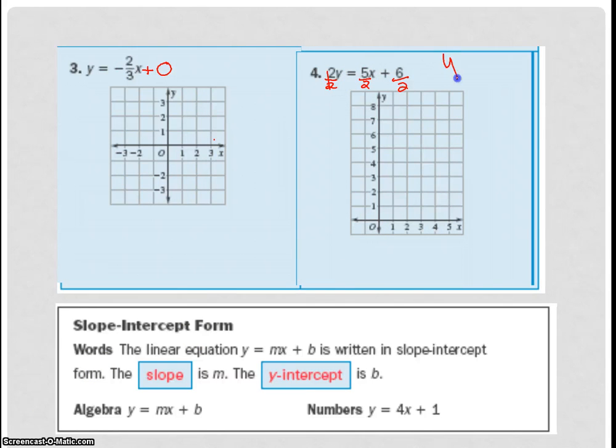So we have y equals, I'm going to keep this 5 over 2 because that's the slope and that's in fraction form, x plus, I can simplify 6 divided by 2, which is 3. I do not need the y-intercept as a fraction, but I do want to keep my slope as a fraction so I can see my rise over run. So go ahead and solve 3 and 4 yourself. Pause the video.